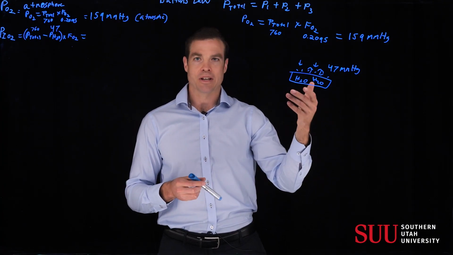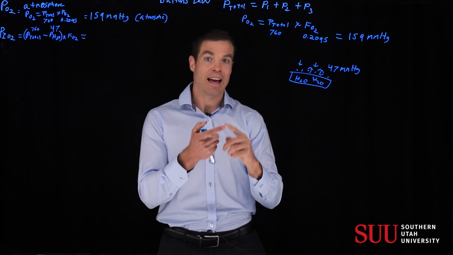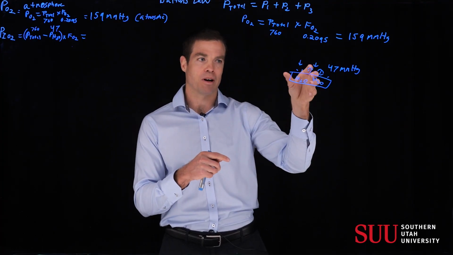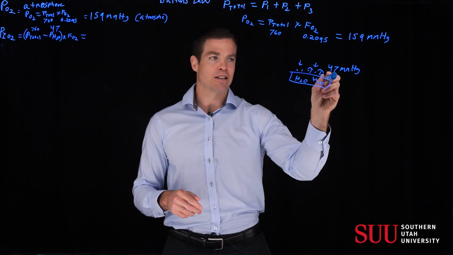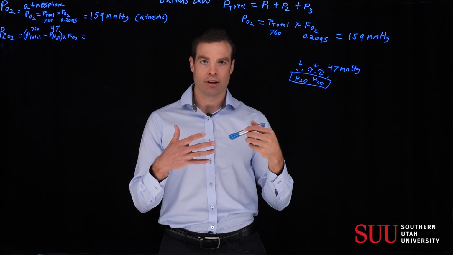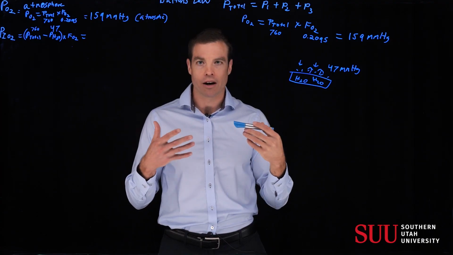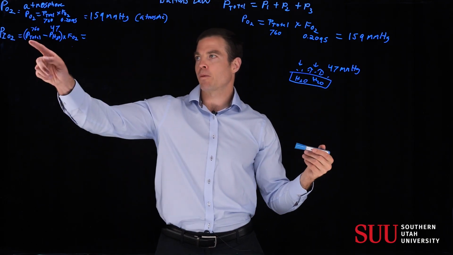And then, of course, you can have things like the triple point, where you have water that's both ice, solid, and a liquid, and a gas, depending upon the temperature and the pressure, right? So it's a pretty cool thing. But we have to consider the water vapor, and in the lungs, the water vapor is there, and so we have to subtract 47 away from the total pressure.